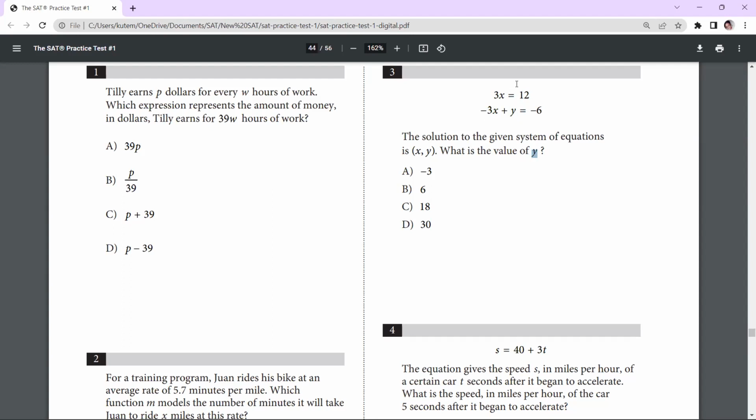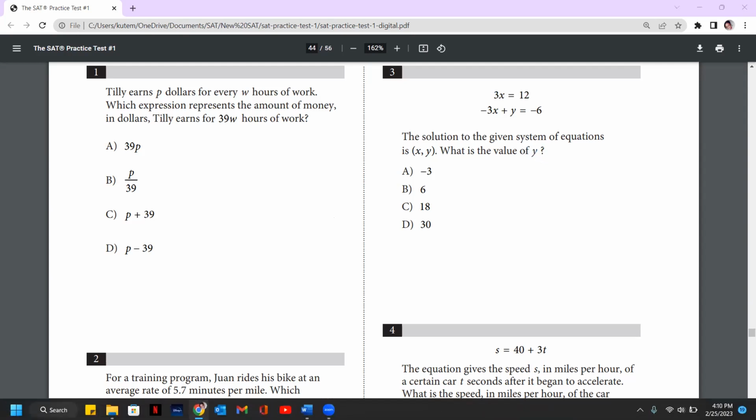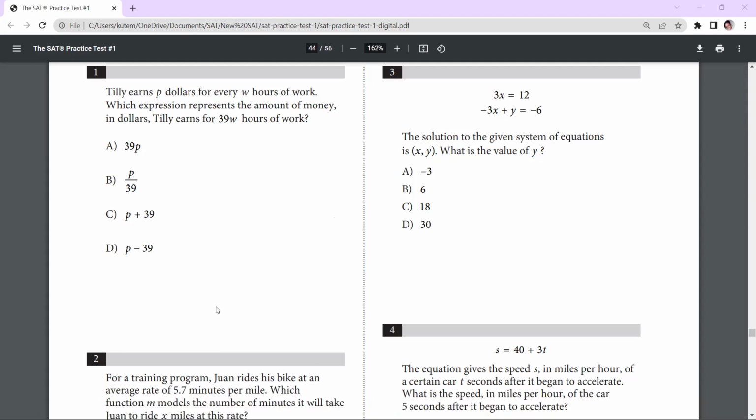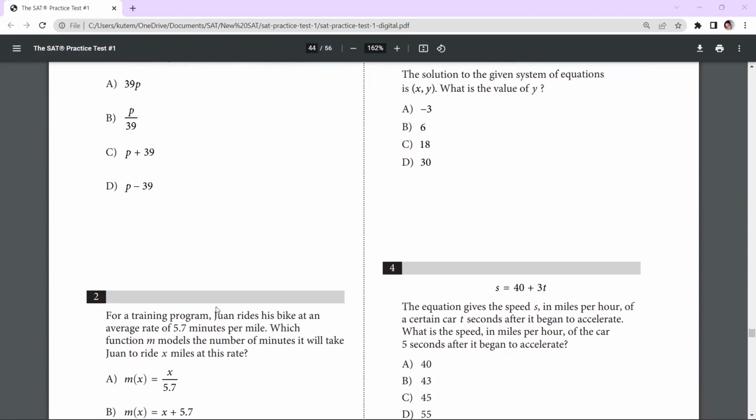Especially because 3x is equal to 12, it's very easy to find x, and then they ask you for y. So pay close attention to what is being asked. That would save you a lot of errors in your exam. Any questions?